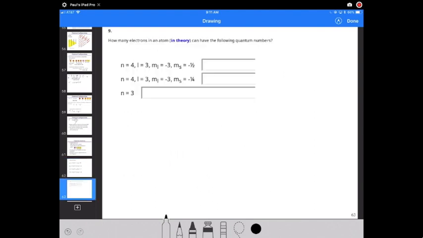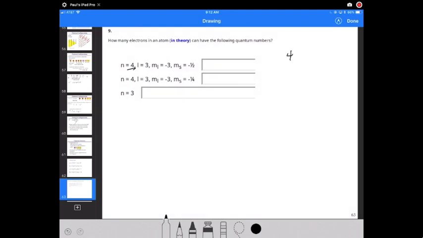Okay, here's another one. This is going to ask you how many electrons live in these spaces. The more numbers you're given, the fewer electrons there are. If you're given 4 full numbers, that represents 1 electron. So if I look at this, level 4 does exist.